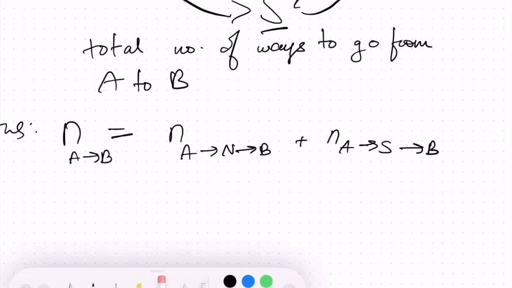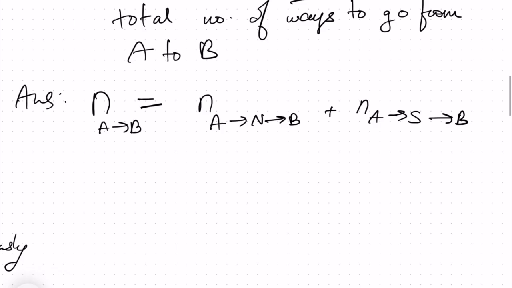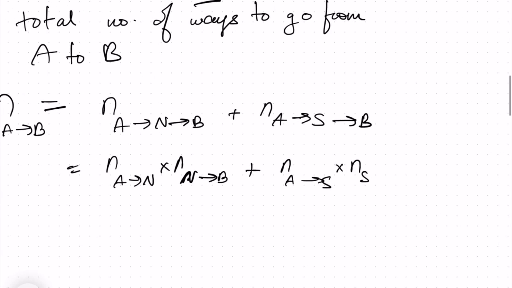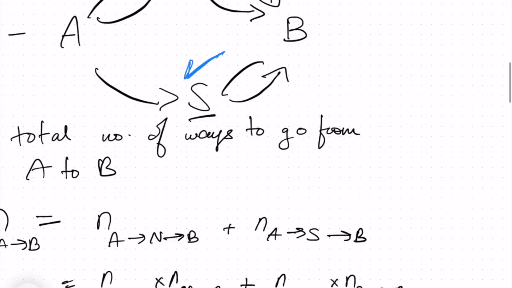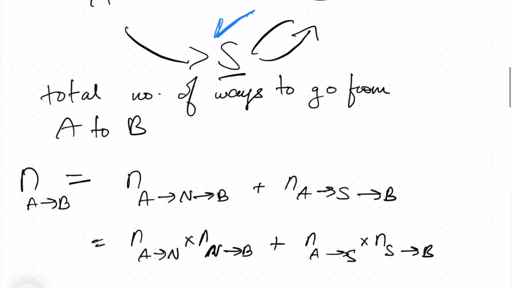So this can be written as N A to N times N to B plus N A to S times N S to B, because if I go from A to B through N, I must go through A to N and N to B. So noticing the AND, I must use the principle of multiplication.